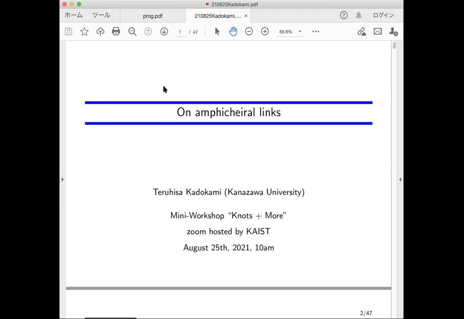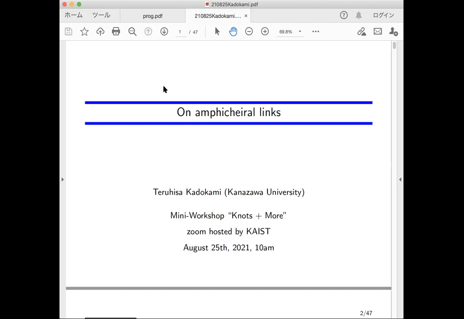This is Stoimenov's result: for every odd crossing number greater than or equal to 15, there exists a prime Amphicheiral knot with that minimal crossing number.